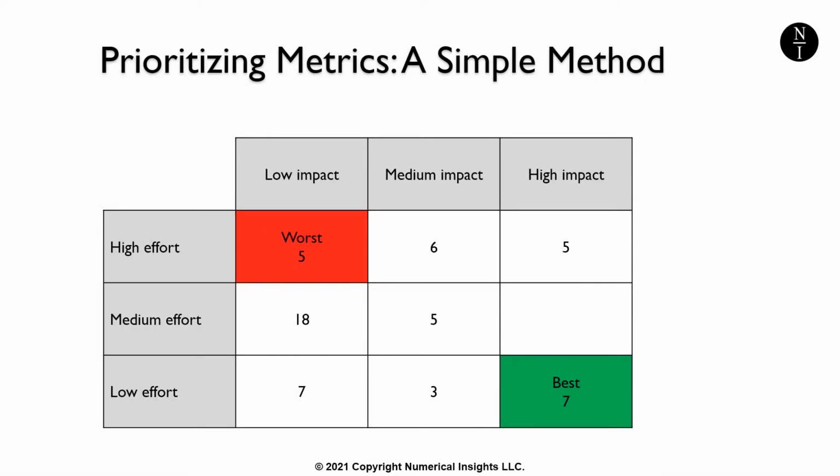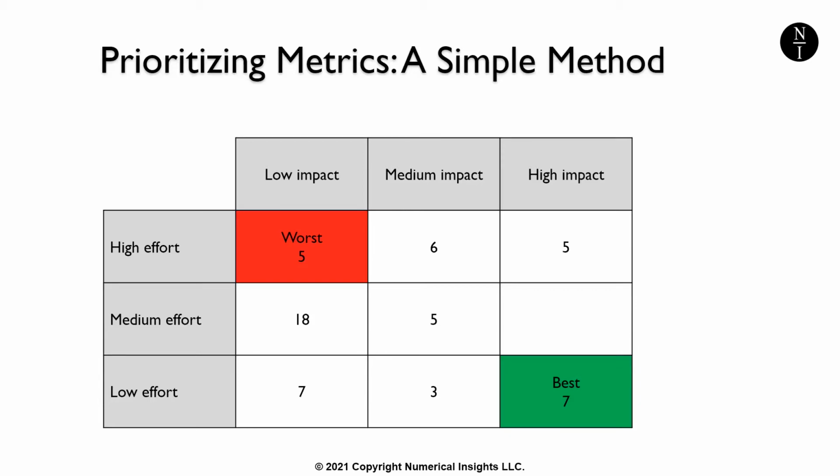A more practical approach is to simply classify the effort in terms of three levels: low, medium, and high. In the same regard, we can determine the value of knowing the metric by classifying the impact of the metric as low, medium, and high.